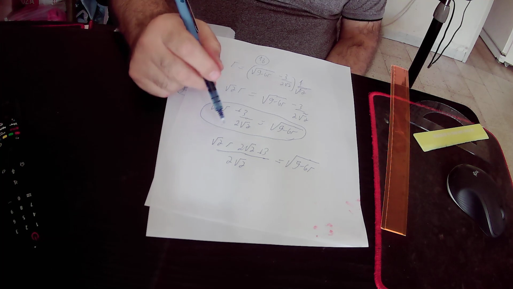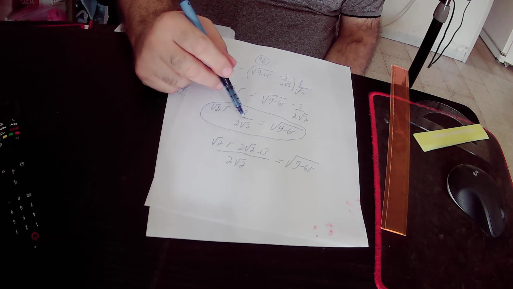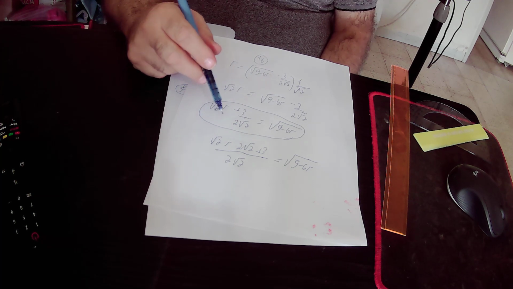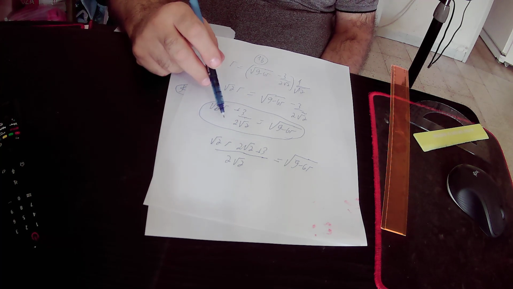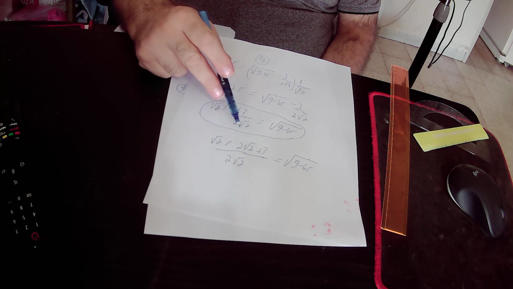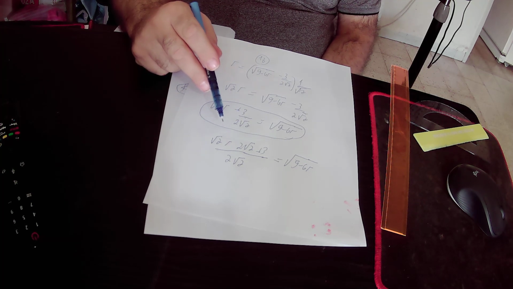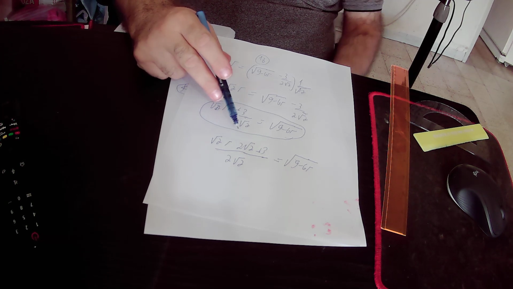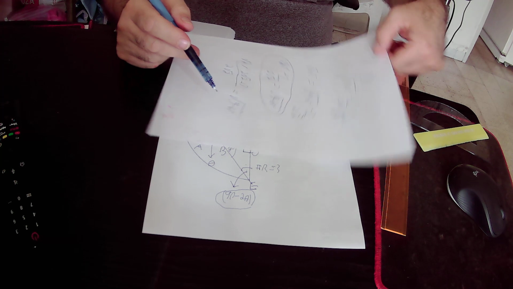We multiplied this expression by 2 times root 2, and then we divide it by 2 times root 2. So here we have 2 times root 2 times root 2 is 2, and 2 times 2 is 4. So in total we will have here 4r plus 3 in the numerator.